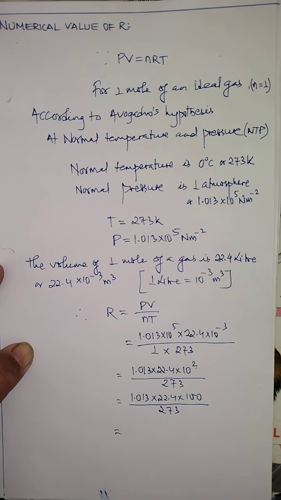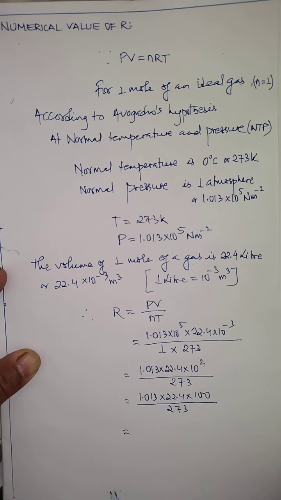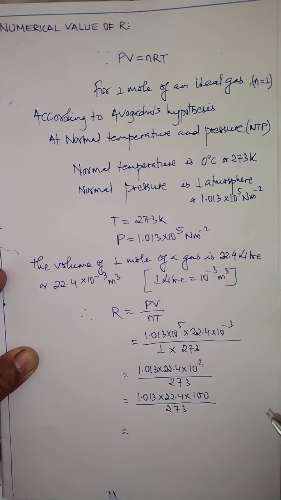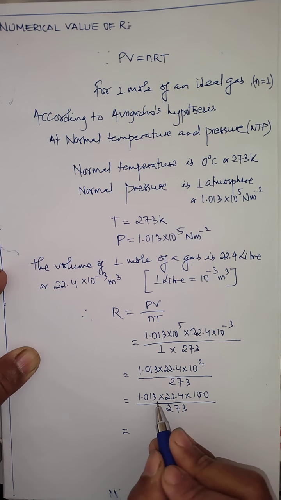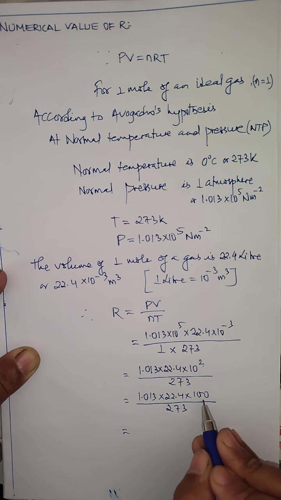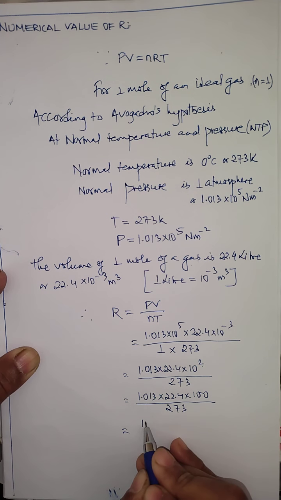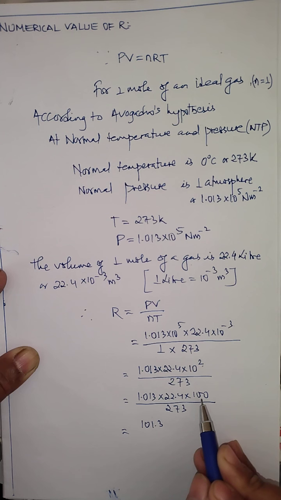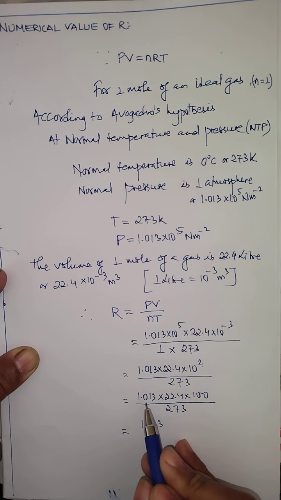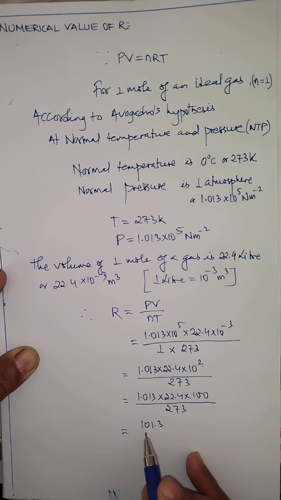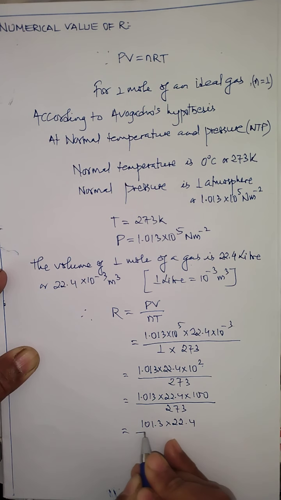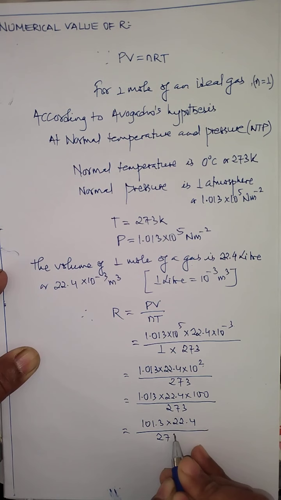Now in this case, we can simply do the simplification by multiplying these quantities in the numerator and dividing by the denominator. 1.013 multiplied by 100 is 101.3, because there are 2 zeros, into 22.4, whole divided by 273.